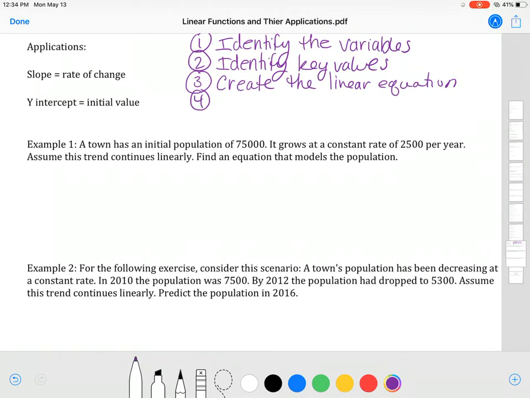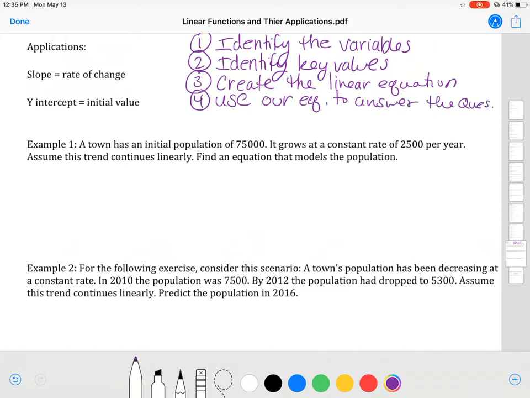If that's the case, we can just stop at step number 3. However, if the question additionally asks us to use the equation that we just came up with to solve a problem or answer a question, then we go ahead and do that in step 4: use our equation to answer the question.